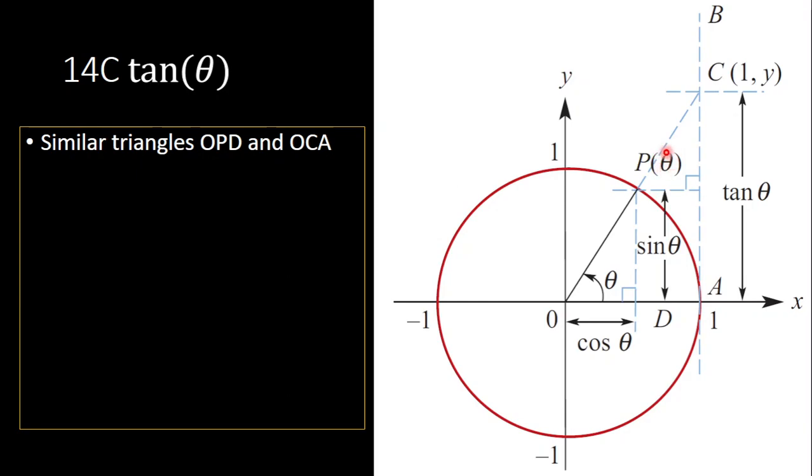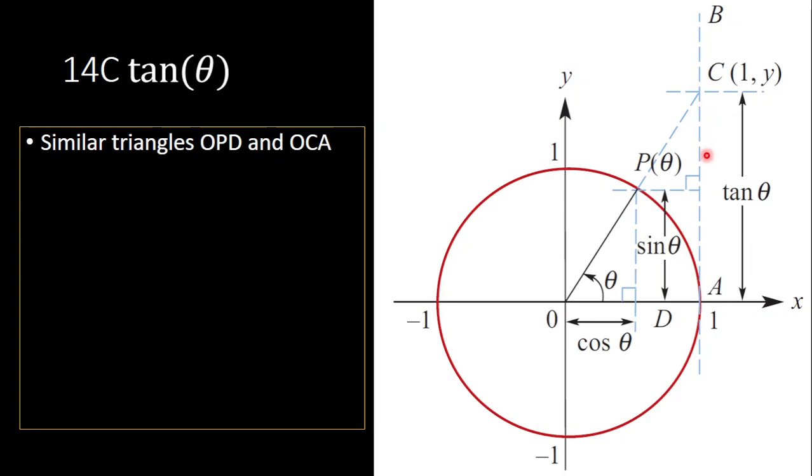It has an angle theta with the positive direction of the x-axis, and what we're going to do with that is we're going to extend it, and from the right hand side of the circle we're going to extend a tangent line. So remember, a tangent line to a circle is just slightly touching or intersecting only at one point. So that vertical line, which is also parallel to the y-axis, will intersect at a point C.